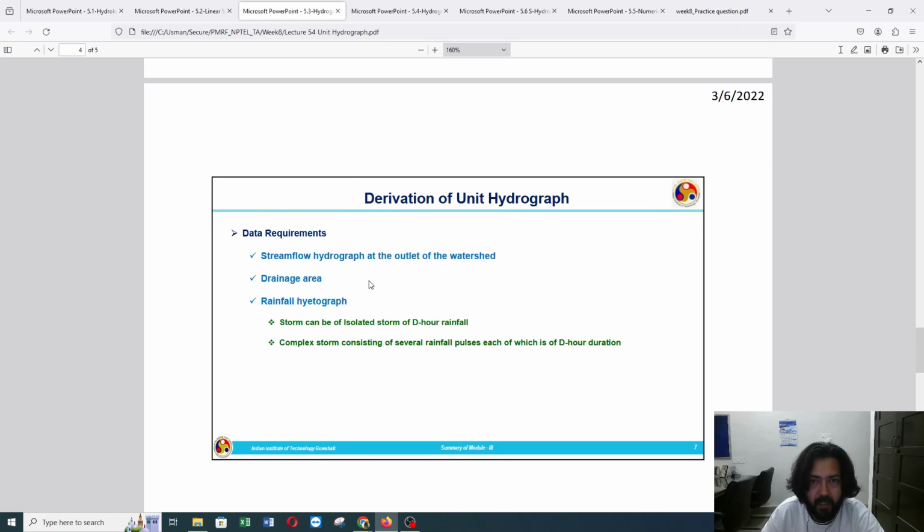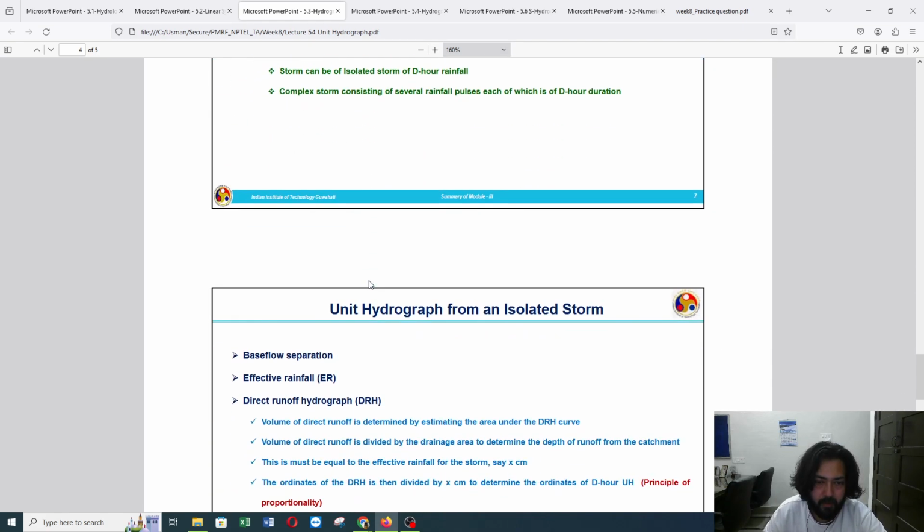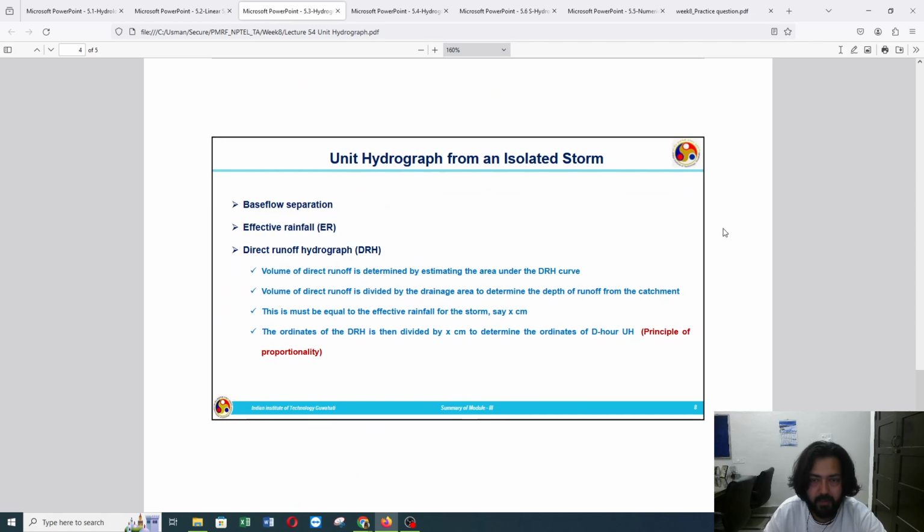Now let us see how to derive a unit hydrograph. The three important things you need in order to derive a unit hydrograph are the streamflow hydrograph at the outlet, the drainage area of the catchment, and the rainfall hydrograph, that is the input. Now this is a unit hydrograph derived from an isolated storm, right?